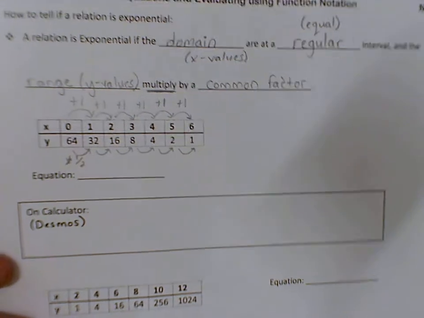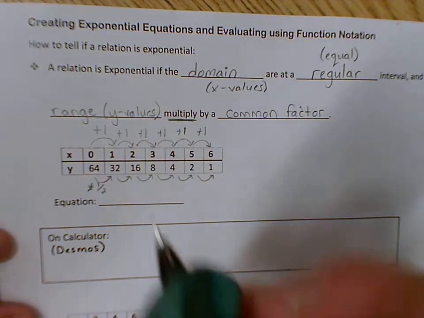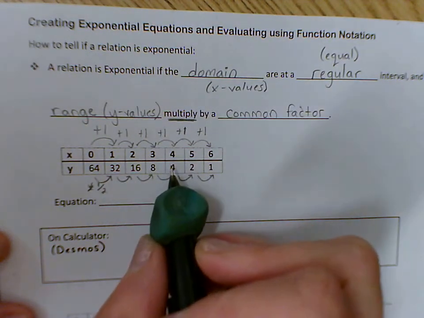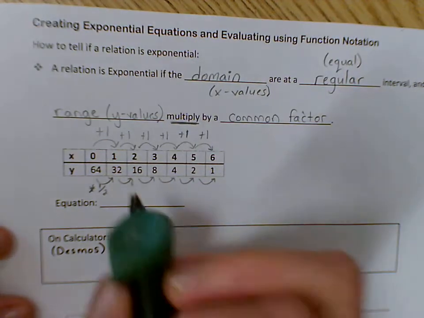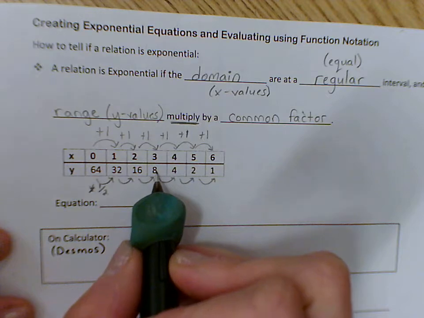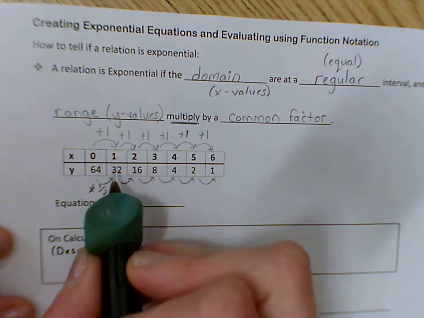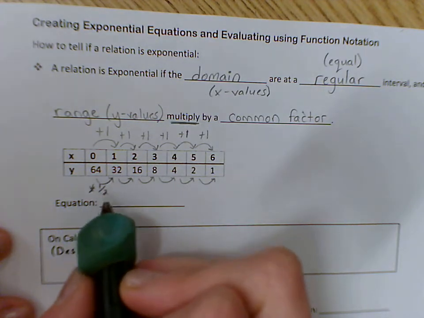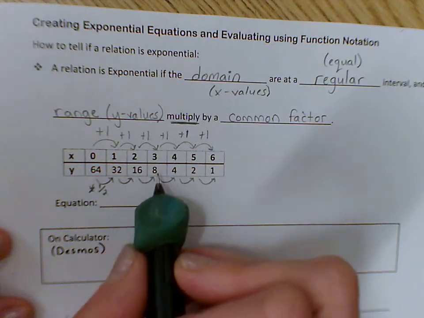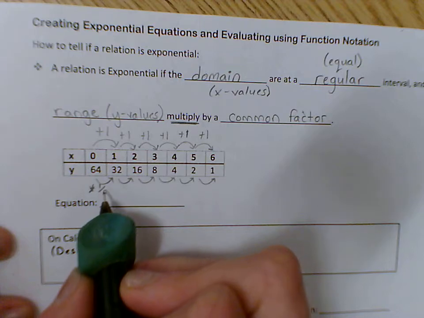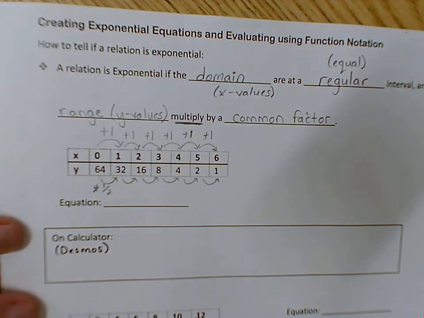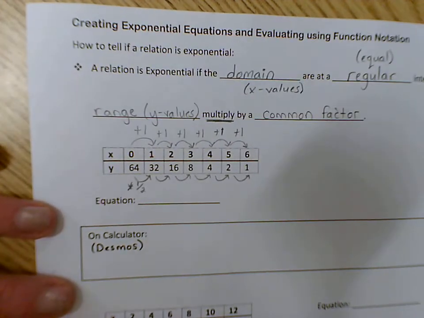Okay? So to be exponential, to go from one y value to the next, you have to do the same thing. All we're going to do is double check, and you have to check all of them. We're going to make sure that you are multiplying by 1/2 all the way through. So to go from 32 to 16, if we multiply by 1/2, in other words, divide by 2, will that get you 16?